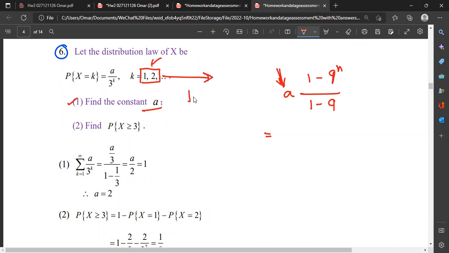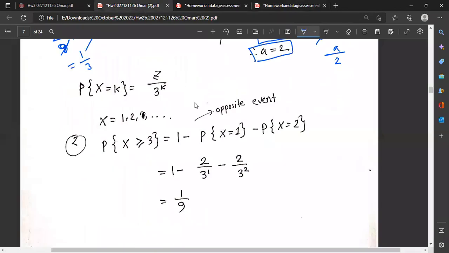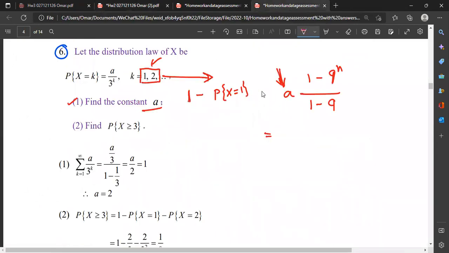We write this way: the whole probability is 1, so 1 minus the probability of x is equal to 1, and then minus the probability of x is equal to 2.